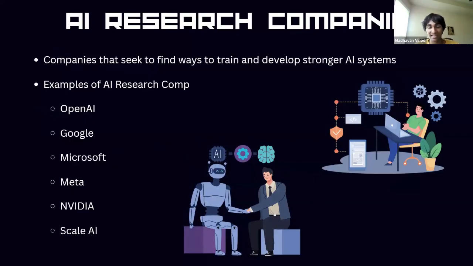If you were here in a recent class, we talked about how artificial general intelligence is the theoretical AI system that has the intelligence and abilities that we humans have. So it's not in existence as far as we know right now. But these AI research companies work to develop AI systems in order to one day reach that level.